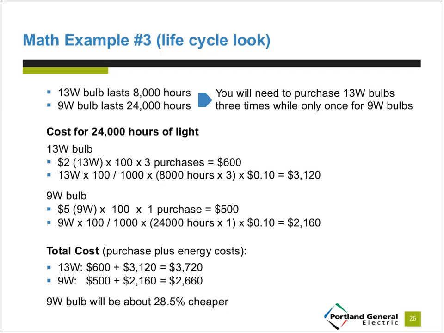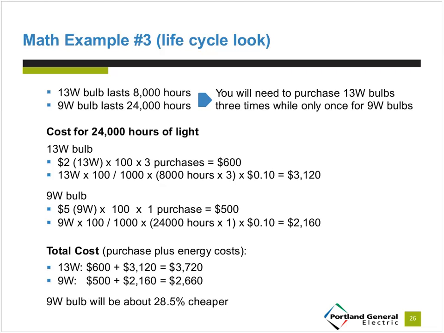So now you can see over the life cycle, you have 13-watt bulbs cost you $600. You had to purchase 3 times, $200. They cost you energy bills $3,120 for a total of $3,720. If you buy the LED 9-watt bulbs, you only have to buy them once for 24,000 hours of light. Plus the energy bill, $2,160, you only pay $2,660.